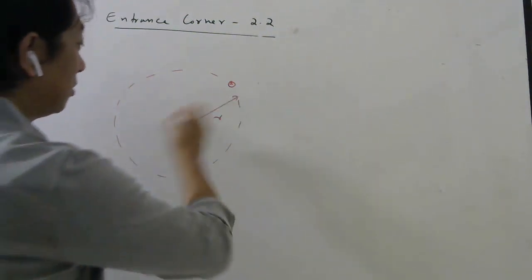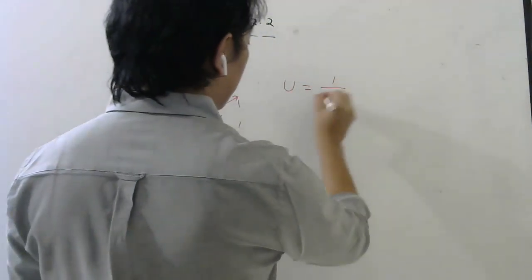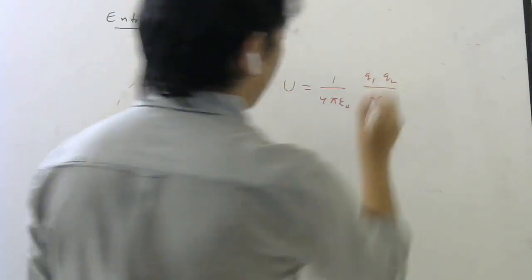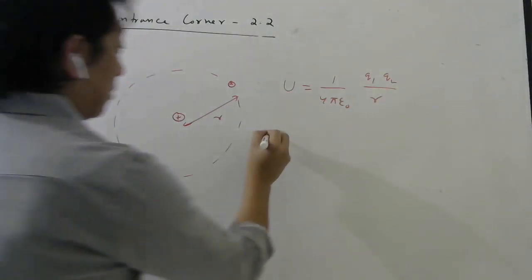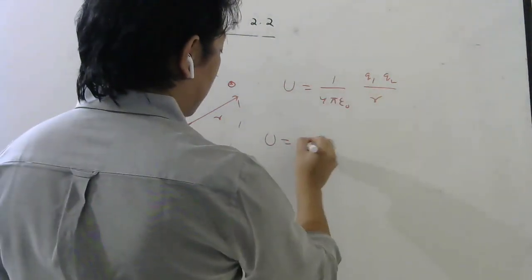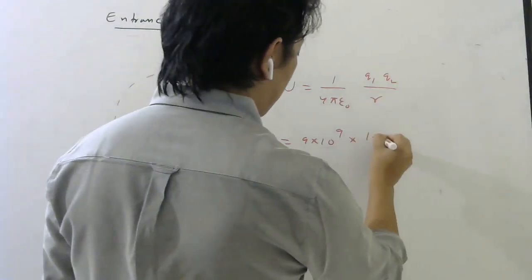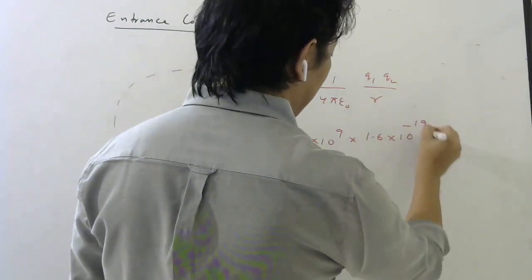So potential energy of this pair, how to write? Formula we know, 1 by 4 pi epsilon naught q1 q2 by r. What is the value of this? 9 into 10 power 9. One of the charges is a proton. What is the charge of proton? 1.6 into 10 power minus 19 coulomb.